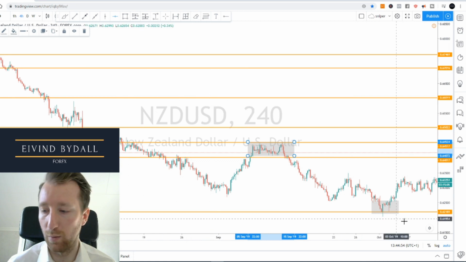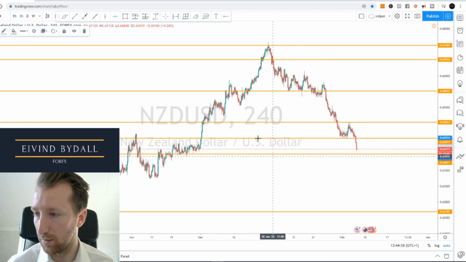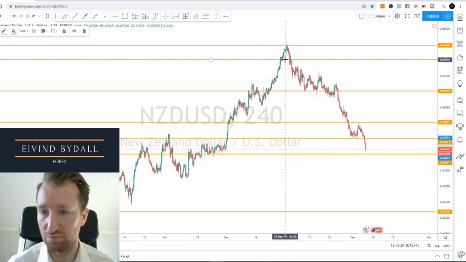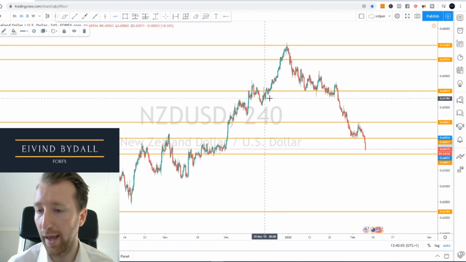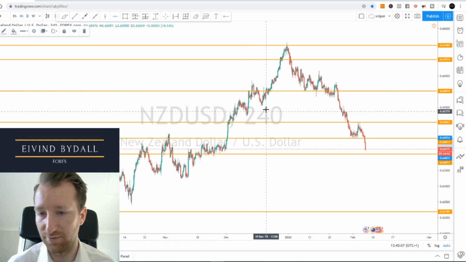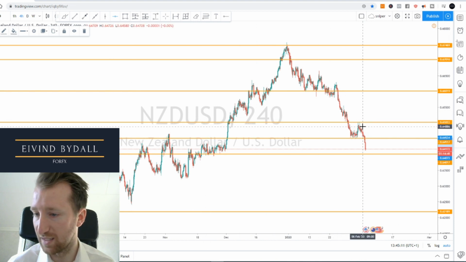So if I just go out now, you would see that we put in 67, that's been used. 66, it's okay, it's not significant rejections around this area, but as you can see at 65, it came up to this area.